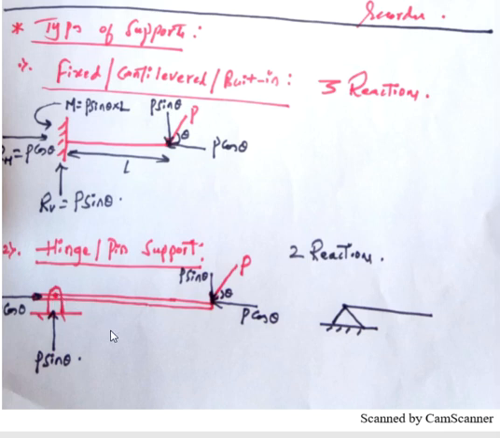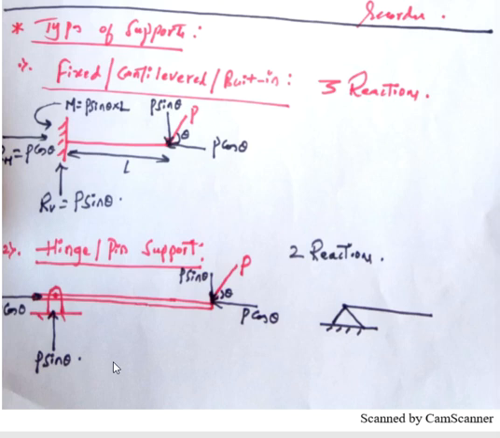Best example for this is doors. When we open the door or close the door, there will be a hinge at the door. That type of support is nothing but hinge support. Now when you are trying to pull the door up and down in vertical direction, we cannot move the door up and down. That means there will be reaction force.